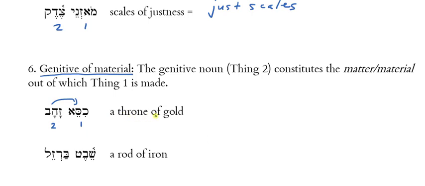So a throne of gold, a throne made of gold is what that's saying. Here I have shevet barzel, thing 1, thing 2. Shevet is a rod, barzel is iron. So I'm going to translate this as a rod of iron, where iron is the material out of which the rod is made. That is the genitive of material.